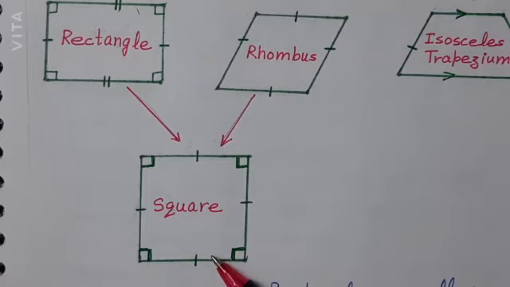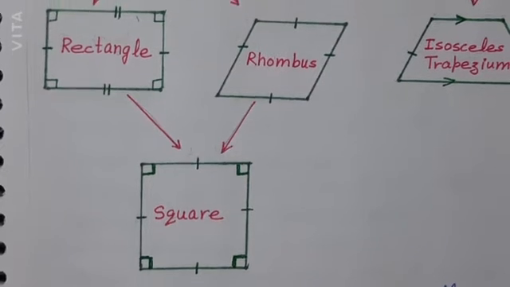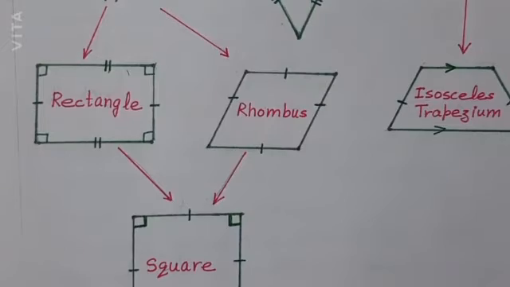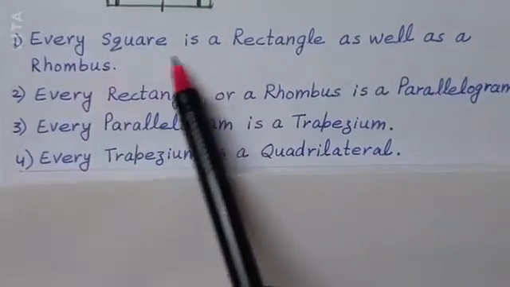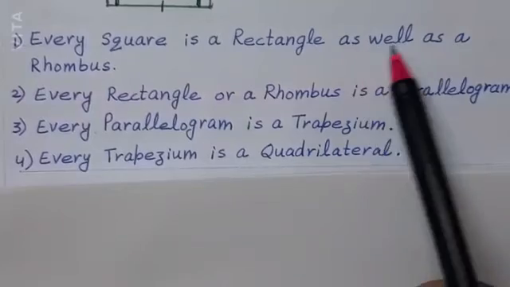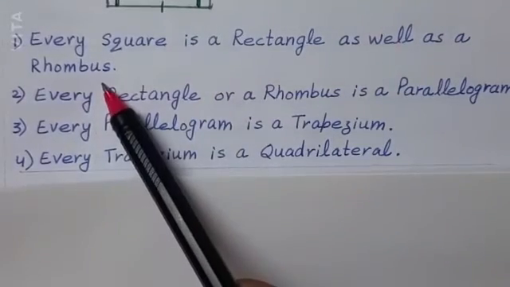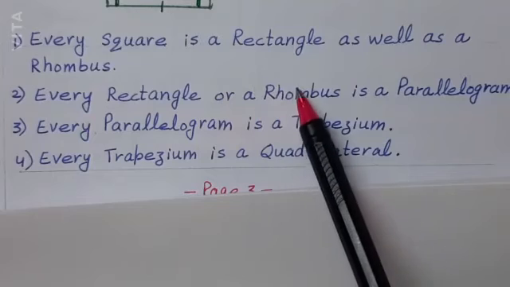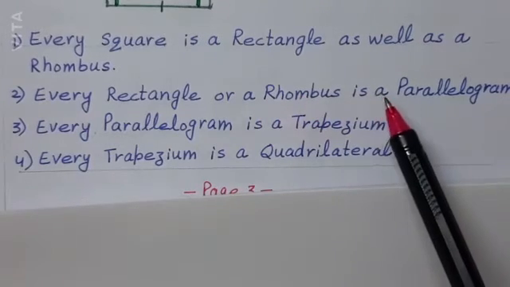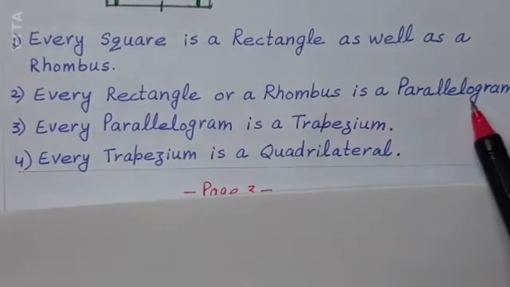So these are the different types of quadrilaterals. Every square is a rectangle as well as a rhombus. And secondly, every rectangle and every rhombus is a parallelogram.